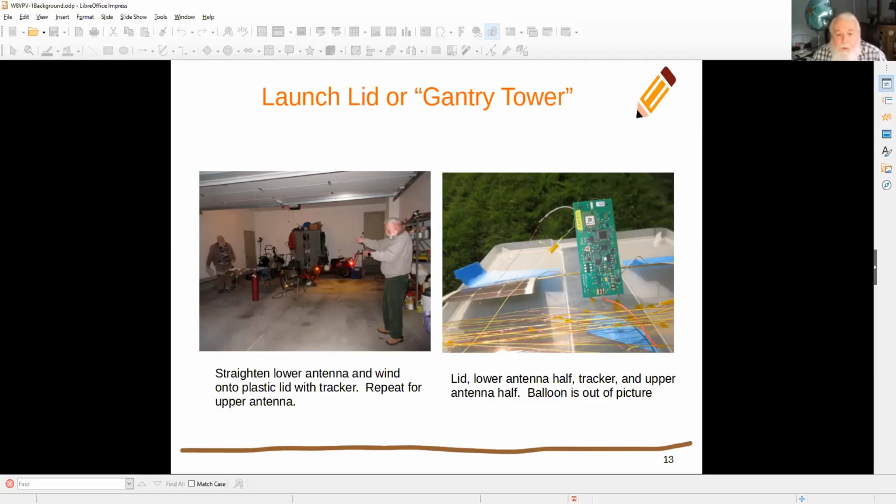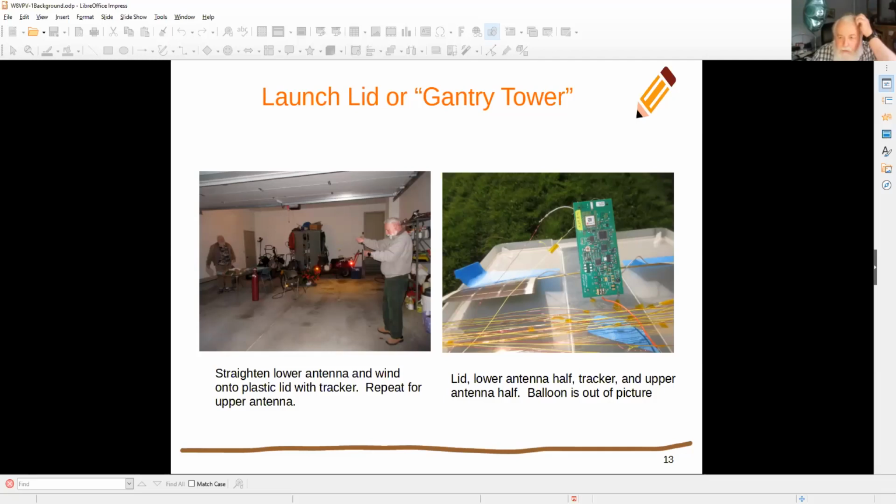I walked over and gave him the lid, and he started to wrap the antenna around the lid coming towards me at the table. Then we taped it off, and then we taped even the tracker to the lid here, and then Mel repeated this for the upper half here, and we taped that down also.